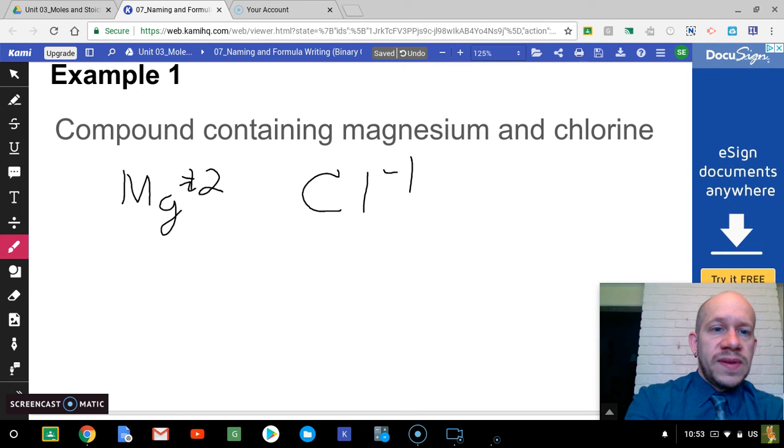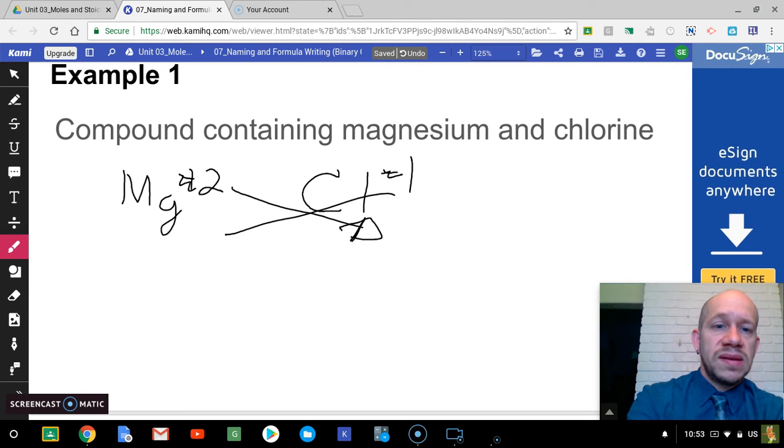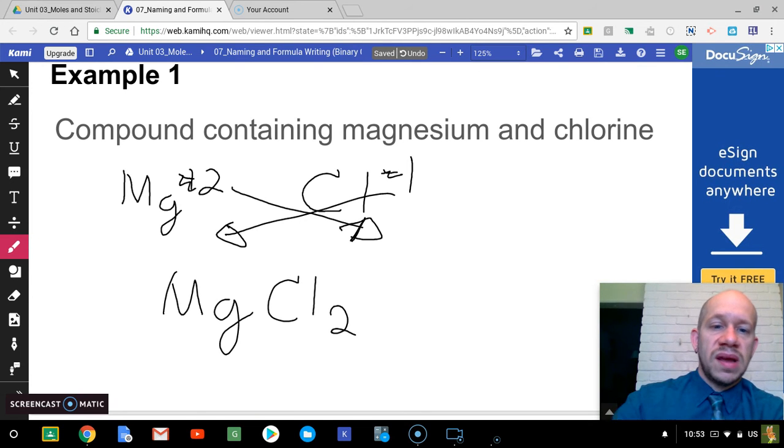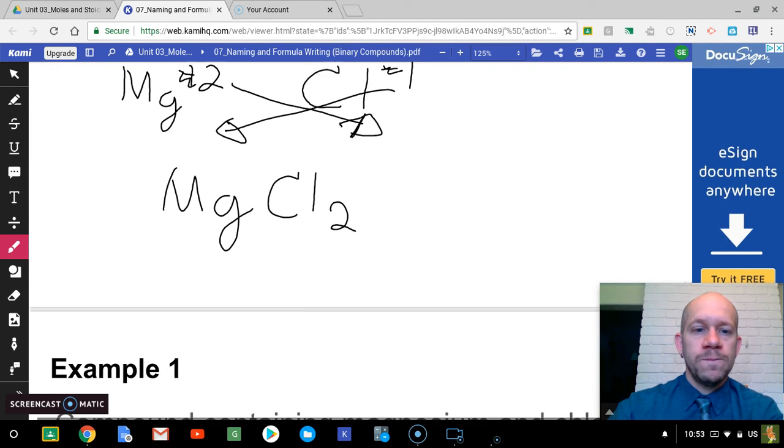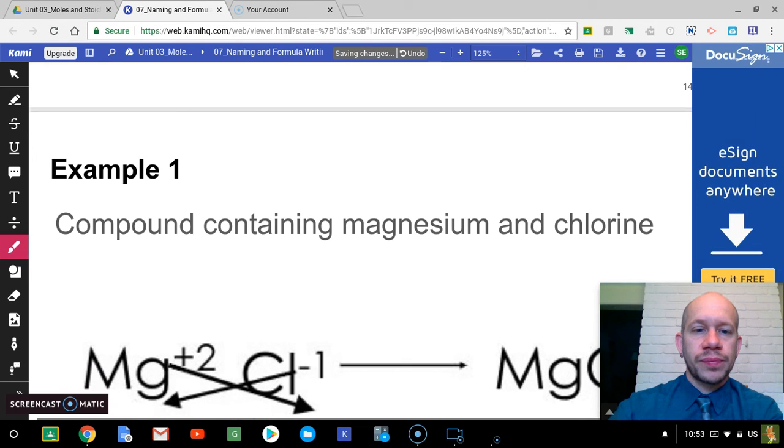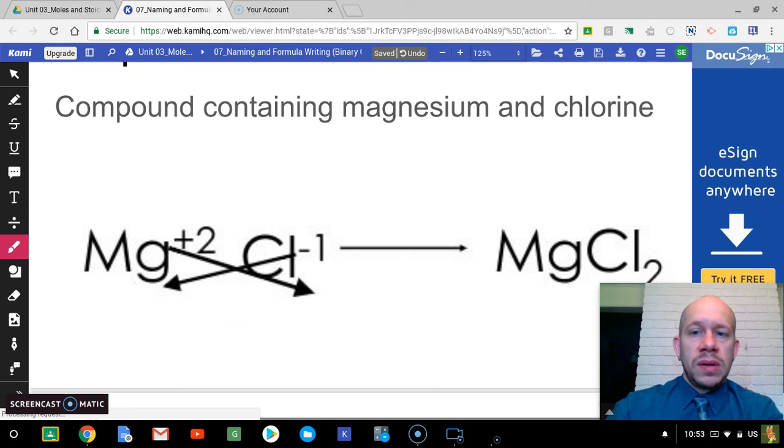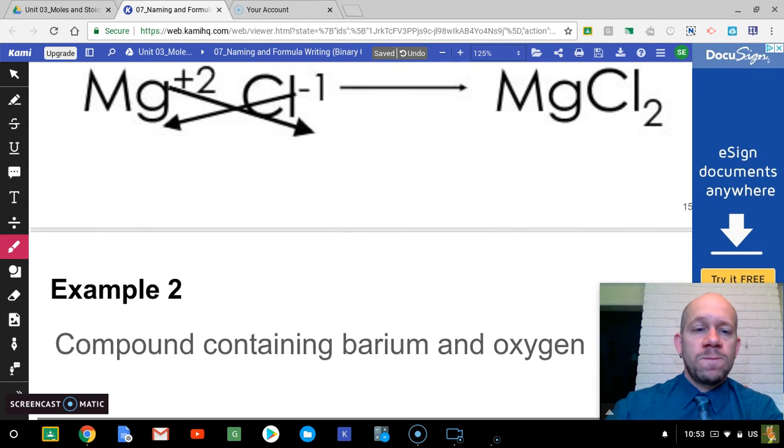So I'm going to drop the signs. So I scribble them out, and then we're going to cross, and we'll write Mg. The 1 has come down. We don't write it. Cl2. We crossed our sign. Check your work.